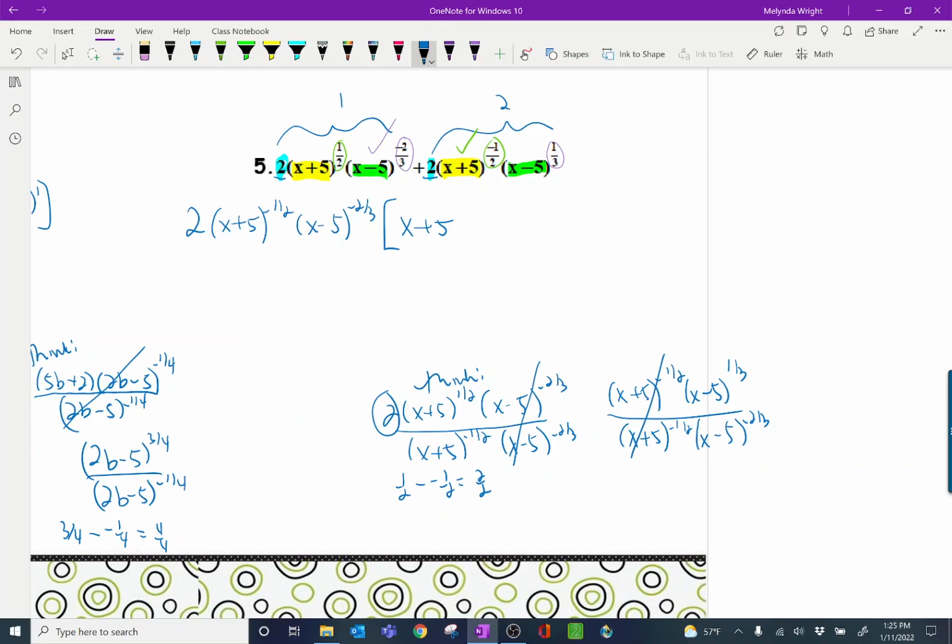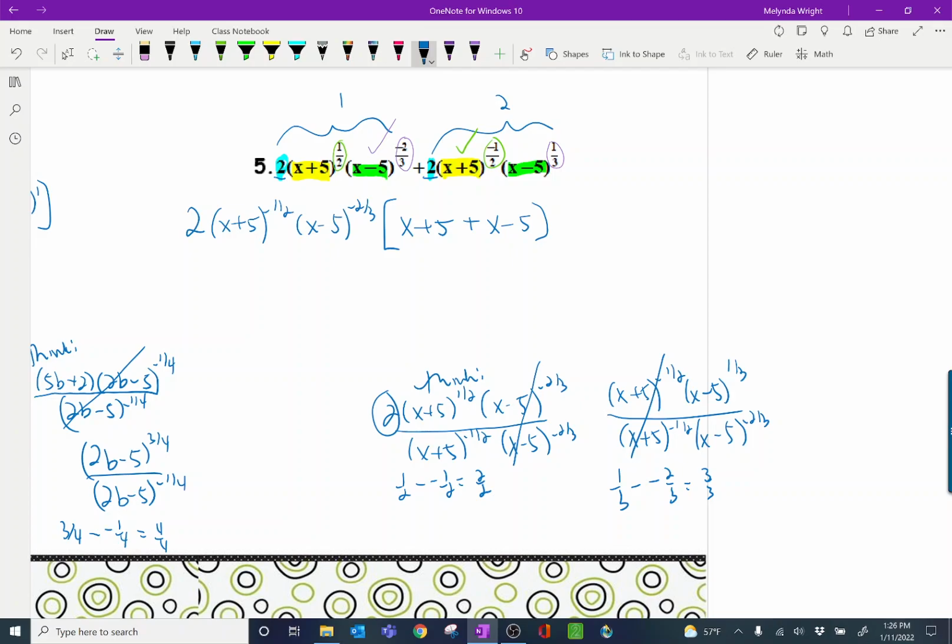They turn to 1. Yay. The others are same bases, but they don't match, so we're going to have to subtract the exponents. 1/3 minus a minus 2/3. What does that give us? 3/3 or 1. So plus x minus 5.